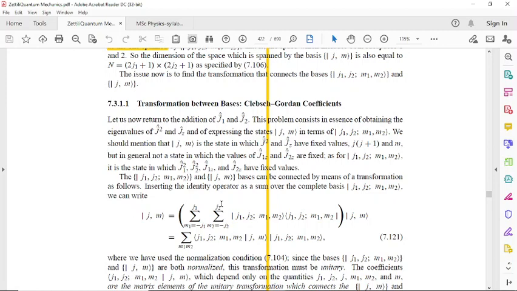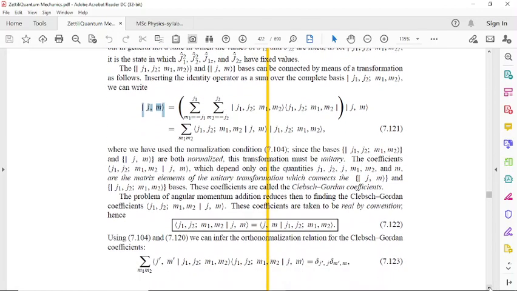Inserting the identity operator as a sum over the complete basis ket J1, J2, M1, M2, we can write ket JM, this is the state vector of JM, which is a combined state of J1, J2, M1, M2.